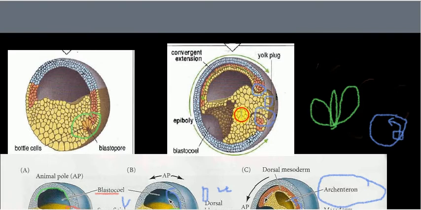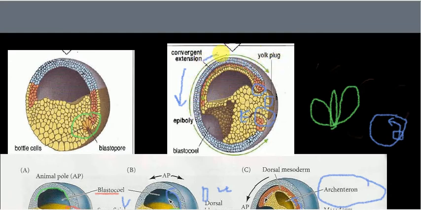So this is endoderm, this is endoderm, these red cell layers are the mesoderm, and the surface layer, the blue cells, are ectoderm. The ectoderm is shown in the blue cells. These blue cells are migrating in this direction as is shown by the arrow.